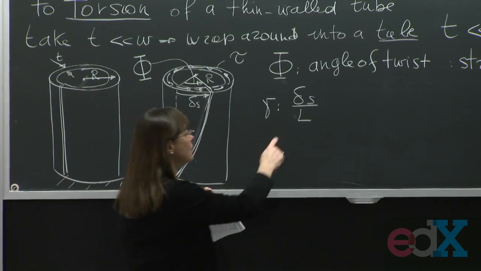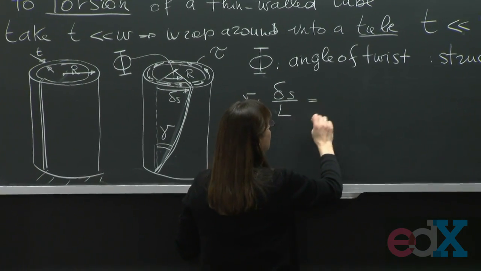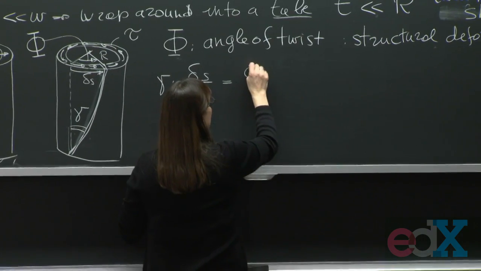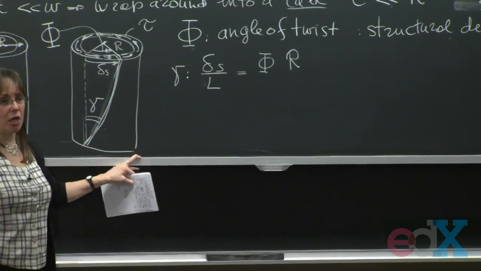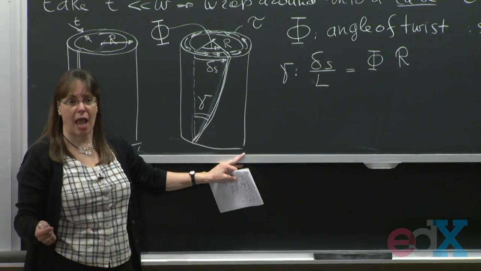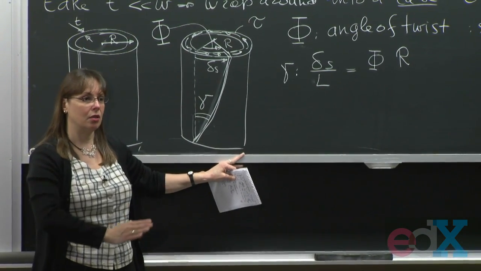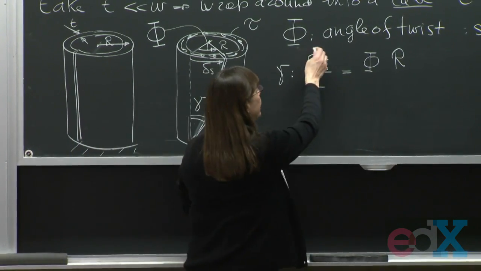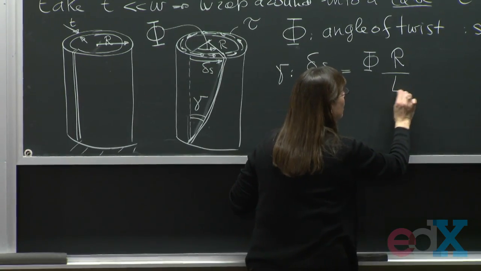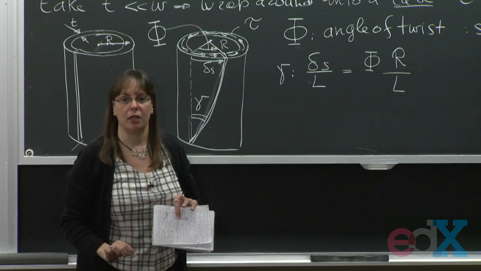So delta S, I can also write it as phi times R. That's also another way of obtaining delta S, just angle times the radius. Good? Wait, that's delta S, or is that? This thing is delta S, and I still need to divide by L. I'm not dropping the L.